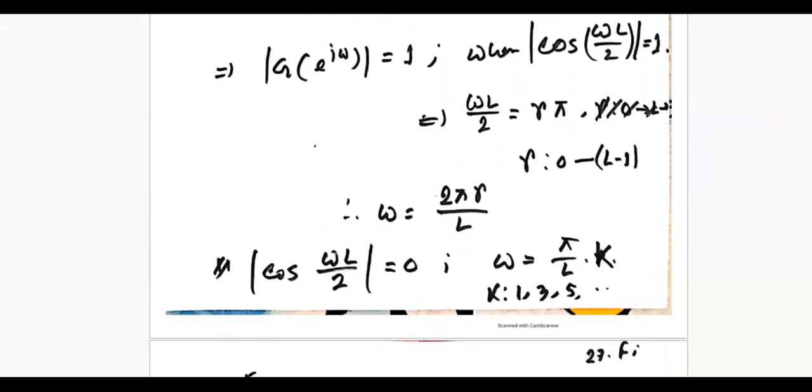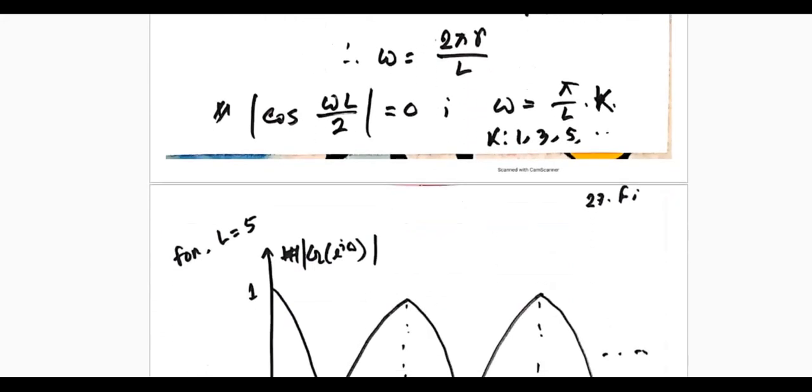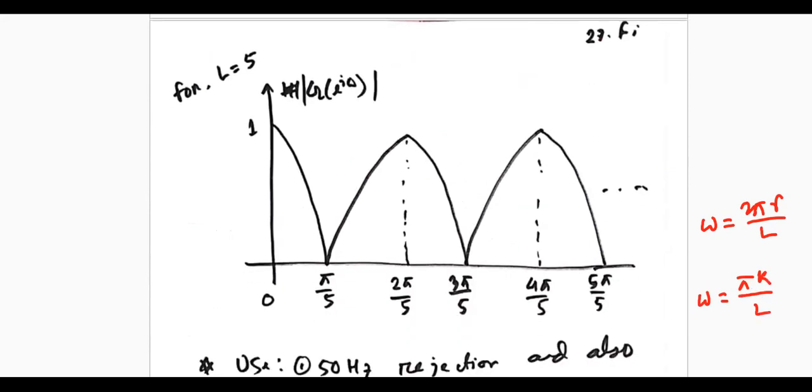When the magnitude is equal to 0, we find this condition as well, where k takes the values 1, 3, 5, something like that. Now, understanding these two conditions, omega equals twice pi r divided by L, and omega equals pi k divided by L, we can draw this magnitude response.